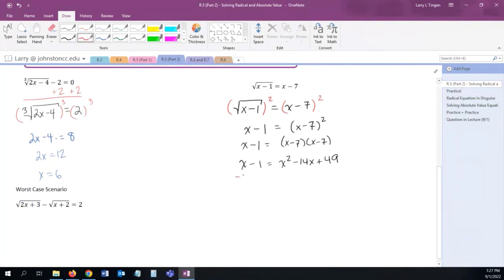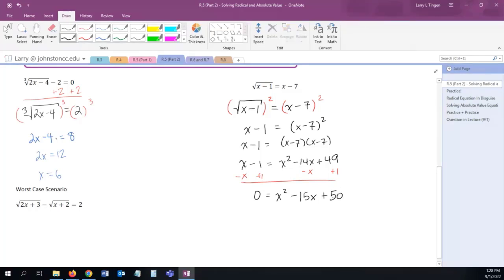So to solve it, I need to get everything on one side and then factor or use the quadratic formula, use a square root, whatever it takes. So that's x squared minus 15x plus 50.